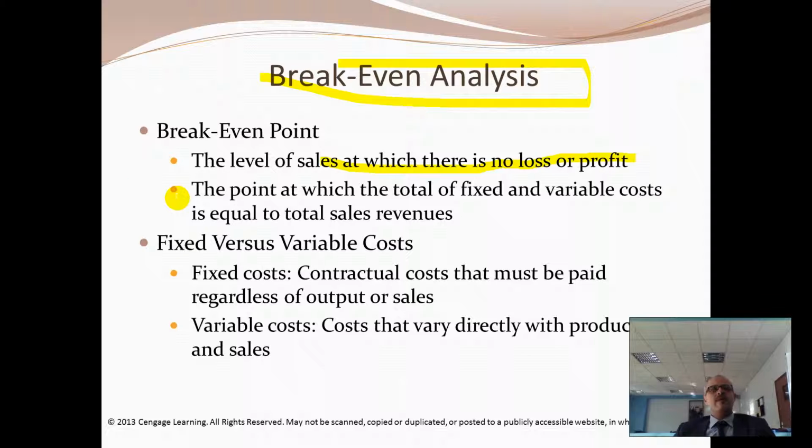Do you guys remember the example when we talked about that lemon juice business? If you open a small lemon juice business, you make one glass of lemon juice, you sell it for $6, and it costs you $4, and you make $2 on the lemon juice.